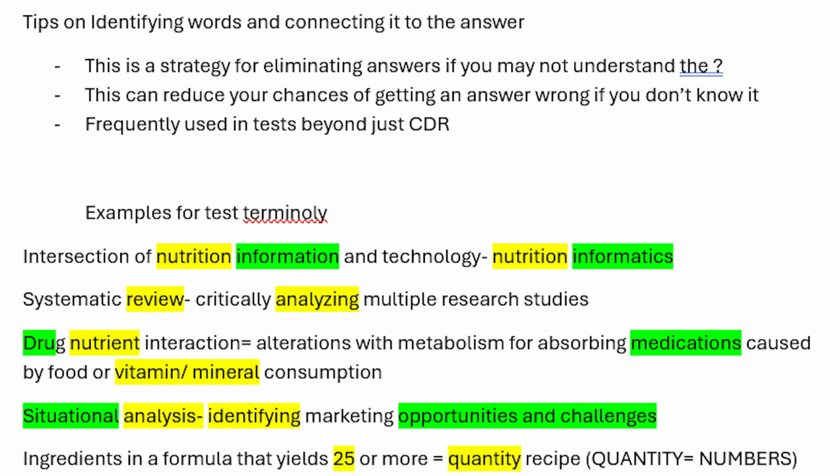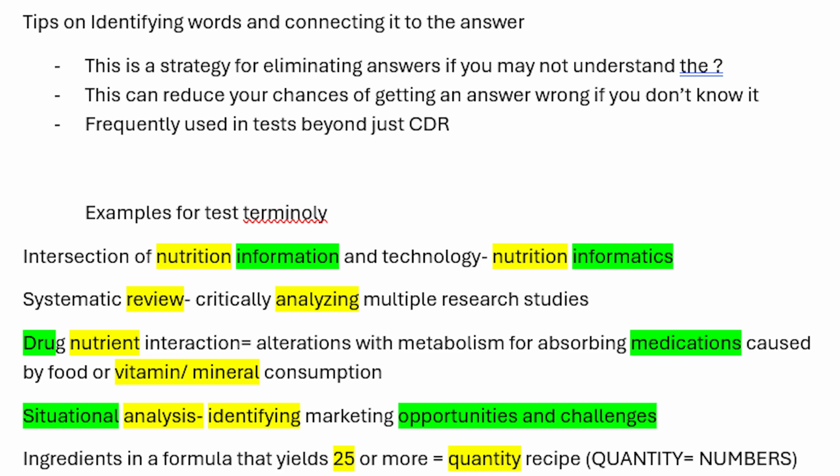Nutrition is in the definition, or the word itself, not the definition. And then information, informatics, similar words, just slightly different with the ending. So, intersection of nutrition, information, and technology is nutrition informatics.